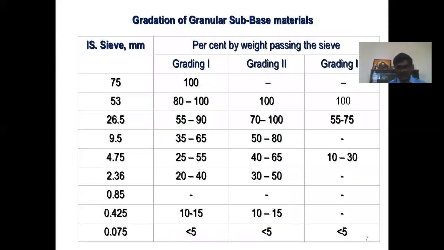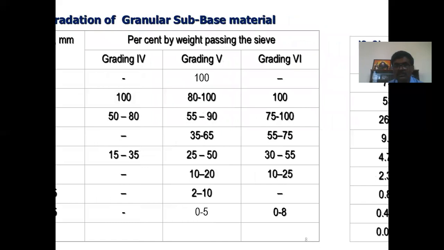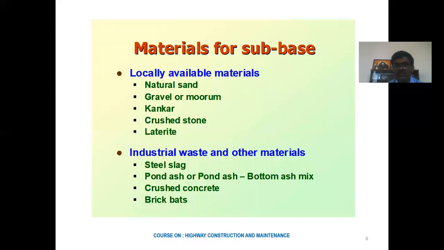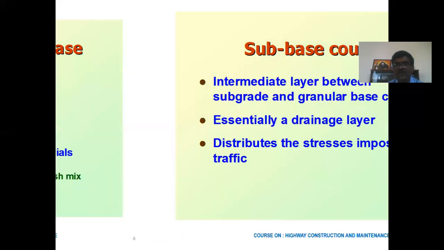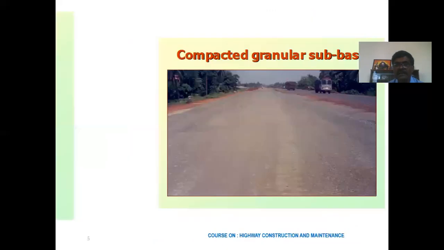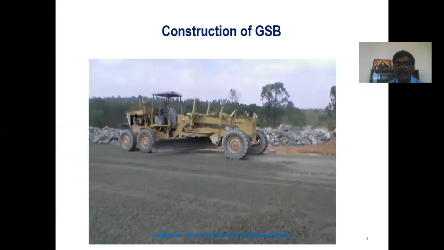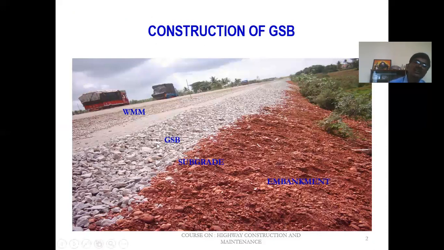In all, as seen in this picture, generally for GSB layer, you can see here, this GSB layer is mixture of graded crushed aggregates. You don't see any soil, any muram here.